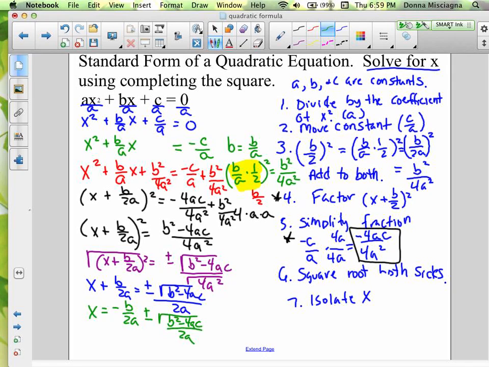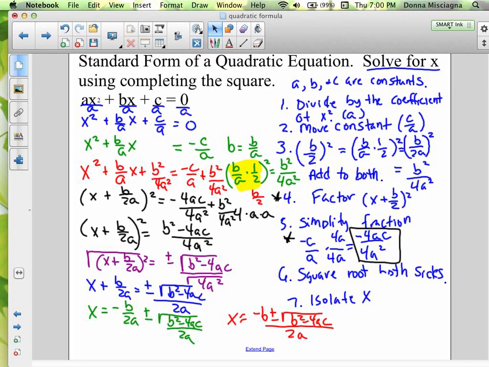And I see I have fractions with a common denominator, so I could just combine those fractions as one fraction. Right? And that's going to give us x equals negative b plus or minus the square root of b squared minus 4ac all divided by 2a.